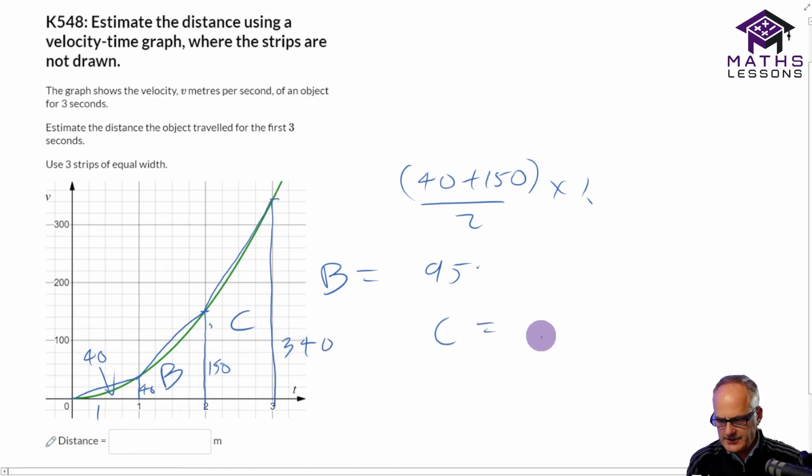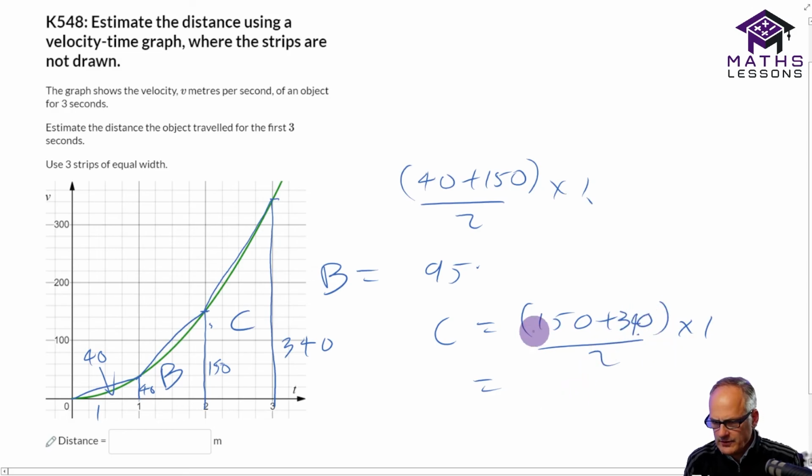So for area C, we're going to have 150 plus 340 divided by 2 times by 1. So 150 plus 340, that's 490. 490 divided by 2 is 245 meters.